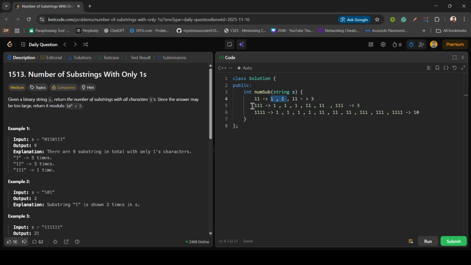Similarly, if the count of 1 is 3 in the substring, the substrings we can obtain are single one 3 times, double one 2 times, and triple one only 1 time. Similarly, if the count is 4, then we can obtain single one 4 times, double one 3 times, triple one 2 times, and four 1s 1 time.